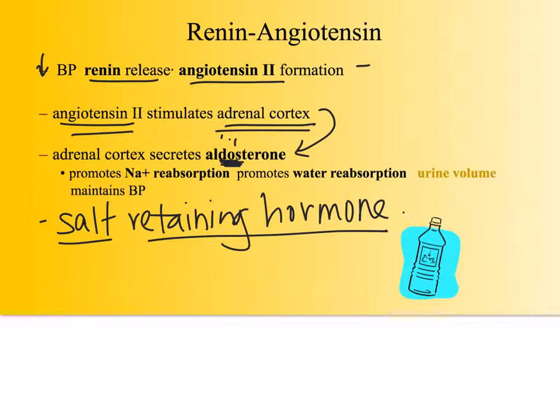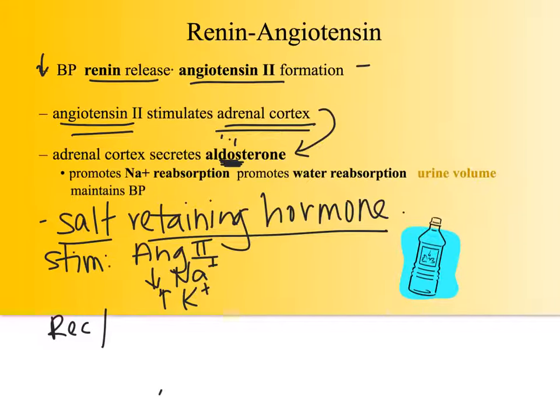So its stimulus is either angiotensin 2, a decrease in sodium, or an increase in potassium. The receptor and the control center are the adrenal cortex. The effector is going to be aldosterone.